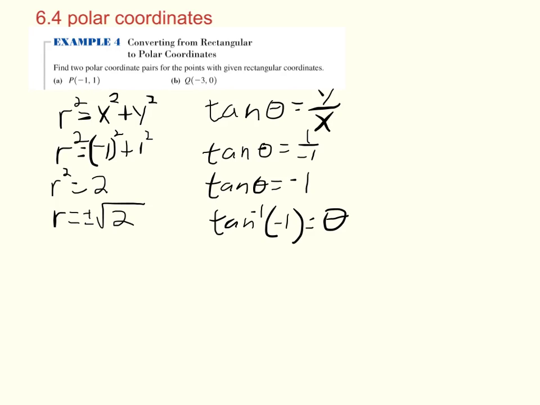Now, where is tangent negative 1? That's going to be at 3 pi over 4 or 7 pi over 4, either one.